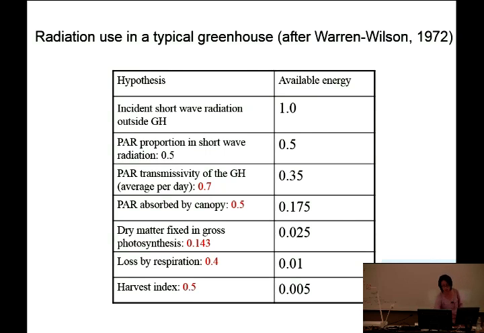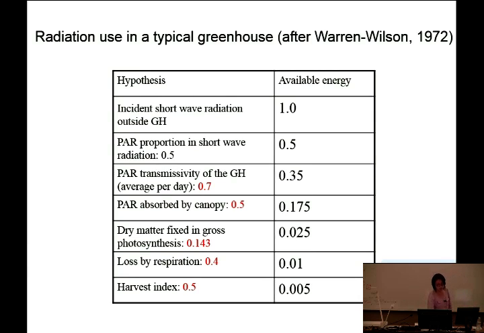So only 40% is retained in the plants. You can argue that, let's lower that. But anyway, in this case, I have 0.01 relative to 1, so it's just 1% of the original solar radiation.